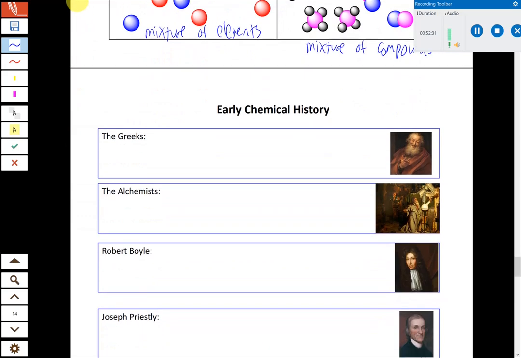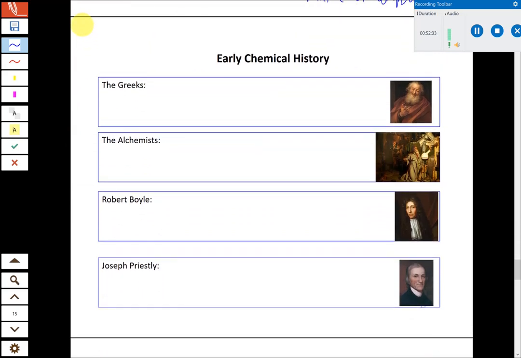What I want to get into now then is a little bit about early chemical history and some of the key observations and then laws that came about from those observations that really helped bring about the field of chemistry as a science. Now, a lot of this goes back to the ancient Greeks, so thousands of years ago.